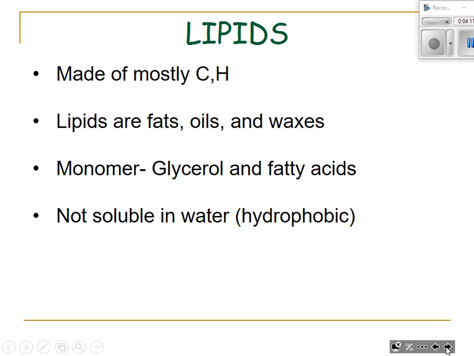Lipids are not soluble in water. What does that mean, Lewis? Okay, it won't dissolve in water. We call that hydrophobic. You know what a phobia is?